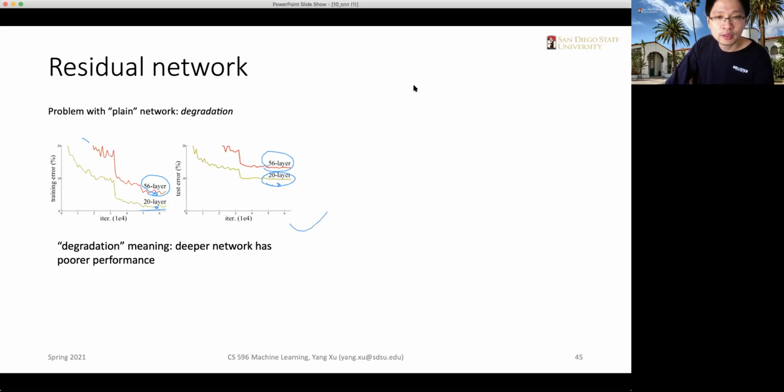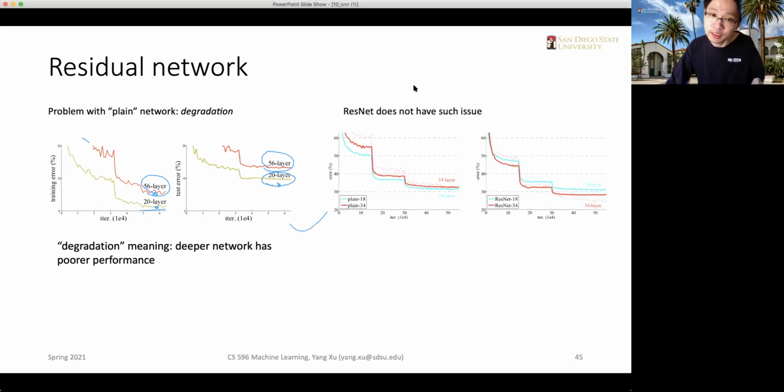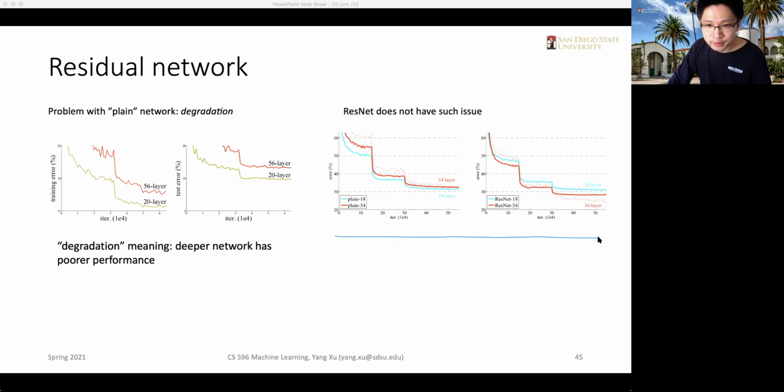And what Resnet can achieve is that the deeper model can actually work better than the plain model that doesn't have residual connections. So on the right, there are two plots, right?